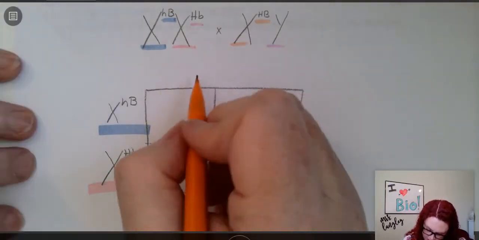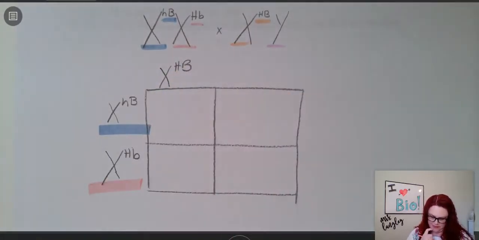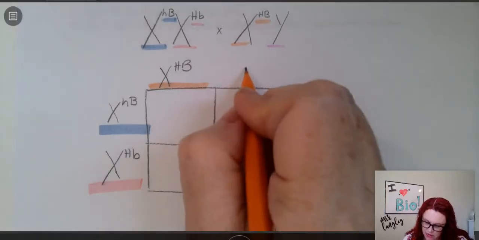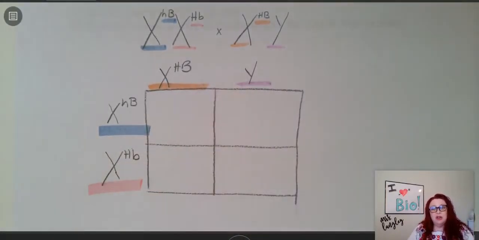My next one moves here. And lastly, our Y. So everything stays together. It's just I have 2 letters on the X instead of 1. It works just like we've done in the past. Okay, but they're stuck together. So those H's and B's are stuck together.